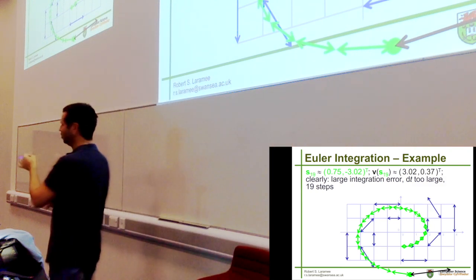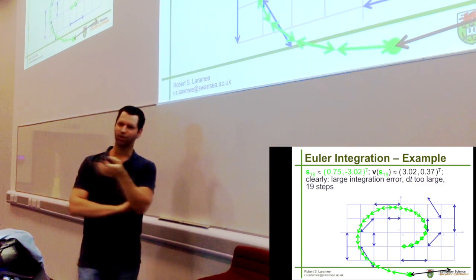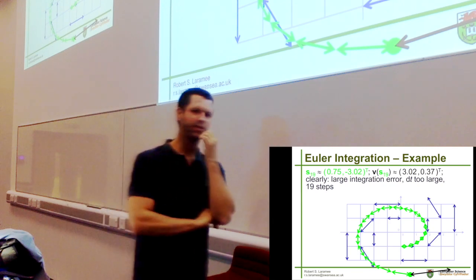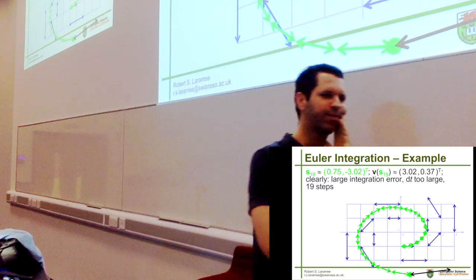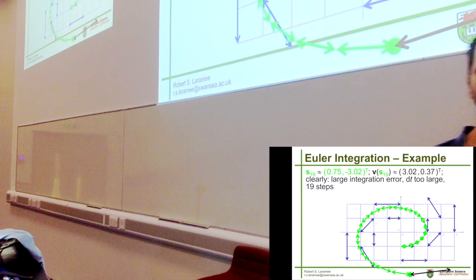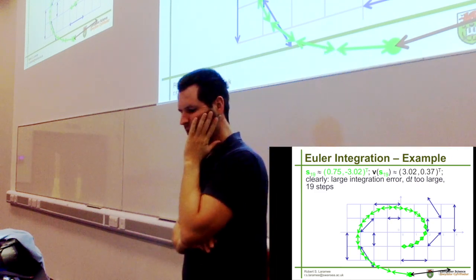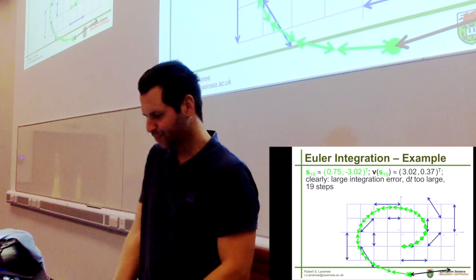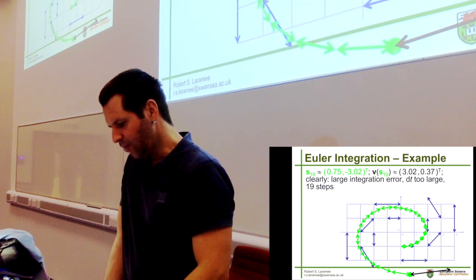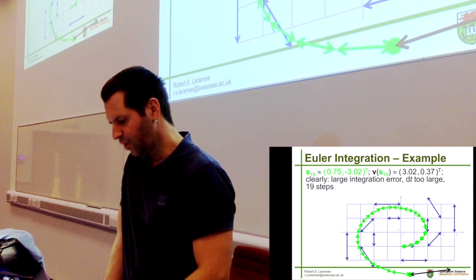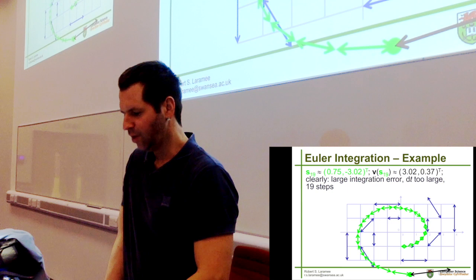Numerical integration is an approximate solution to the analytical solution. And there are different ways to approximate analytical solutions. This is one of them. And we can make it more accurate by shortening the space between points.